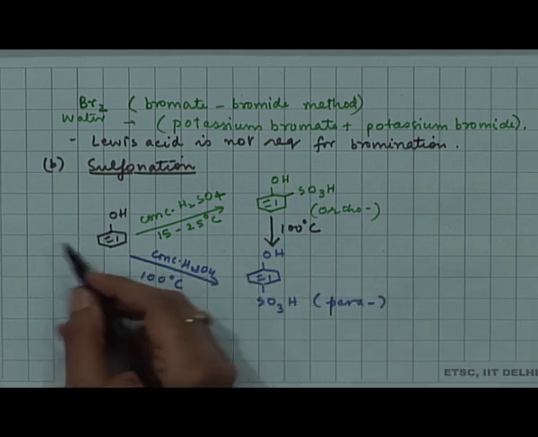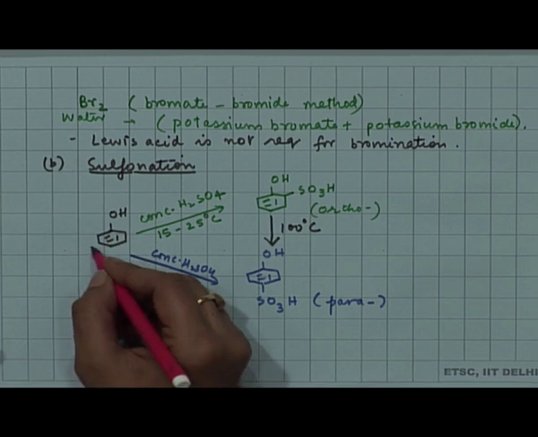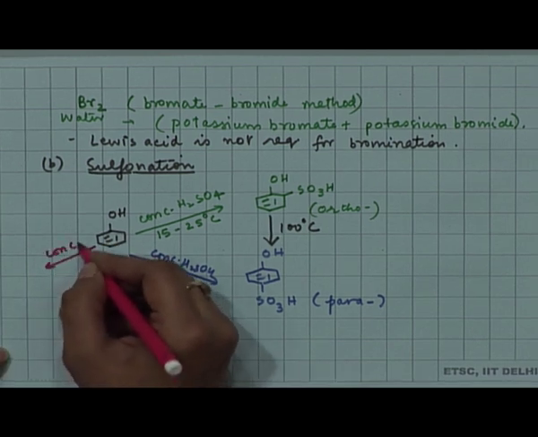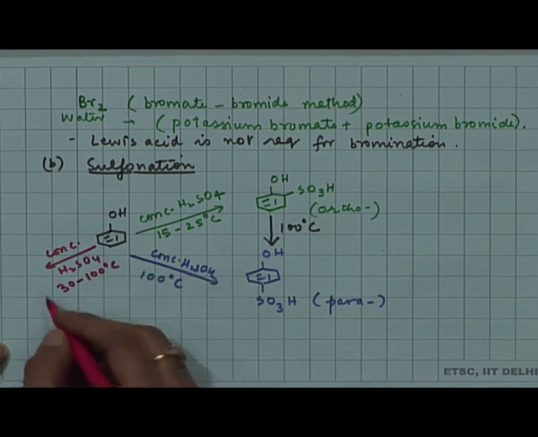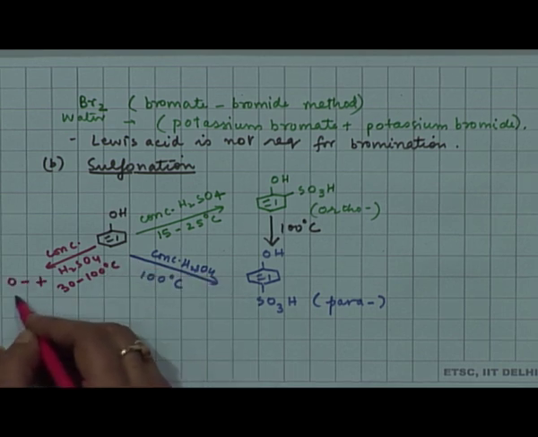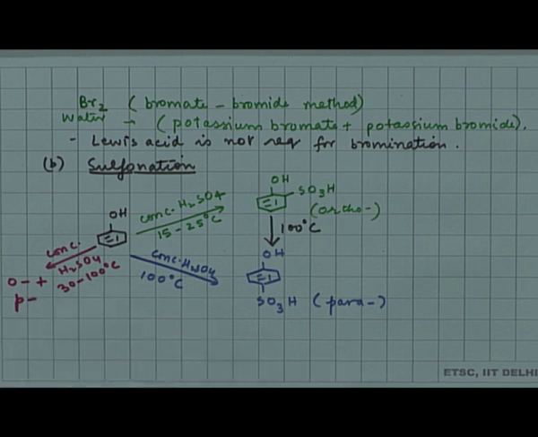And if you carry out this reaction with concentrated H2SO4 at any temperature in the range 30 to 100 degrees centigrade, you end up with a mixture of ortho and para.